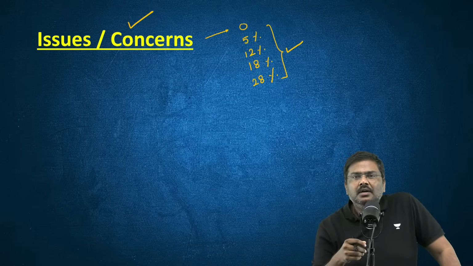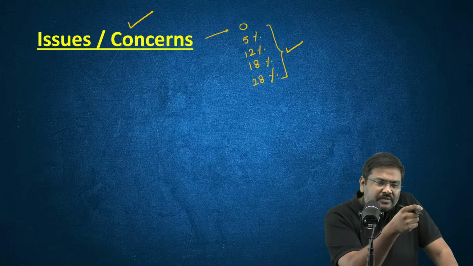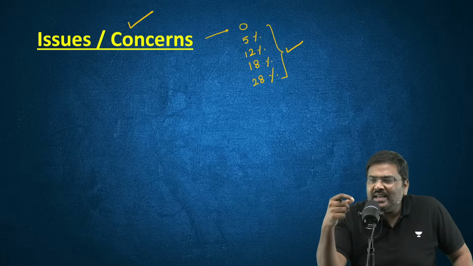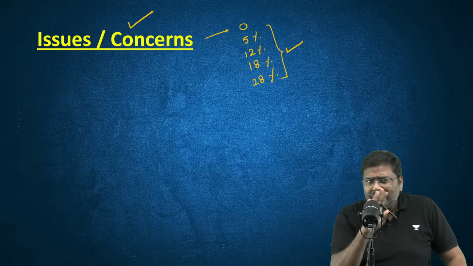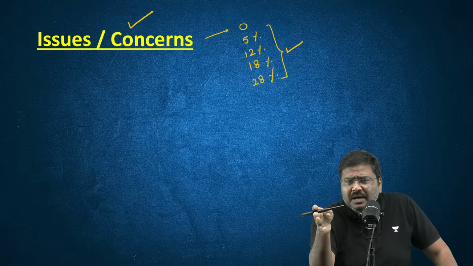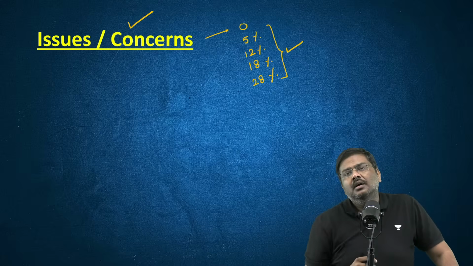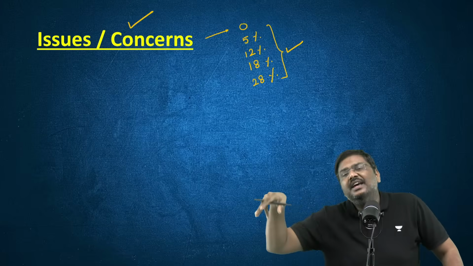What they said was, in case of India, you cannot have the same GST rate on a Hawaii chappal as well as an Audi car. There has to be a difference in the GST rate.